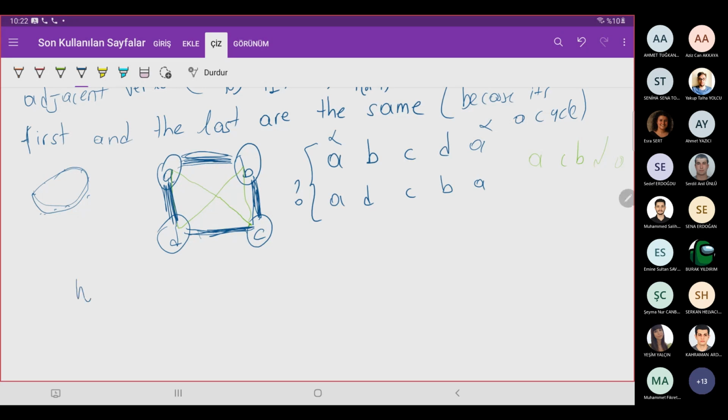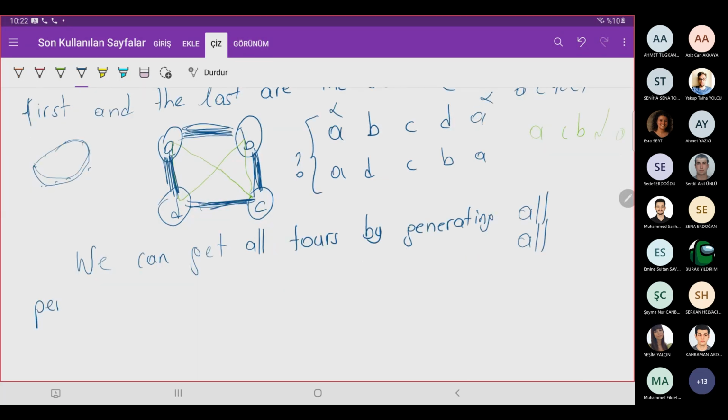Okay, so we can get all tours by generating all permutations of n-1 intermediate cities, divided by 2.